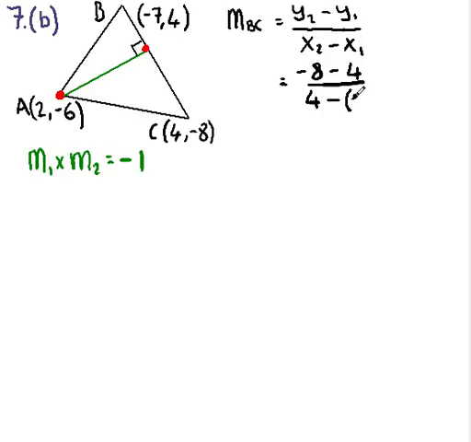So let's take away minus 7. On the top line we have minus 8 minus 4, which is minus 12. And on the bottom line we have 4 minus negative 7. The two negative signs give a positive sign. So that's 4 plus 7, which is 11. So the gradient of the line BC is negative 12 over 11.